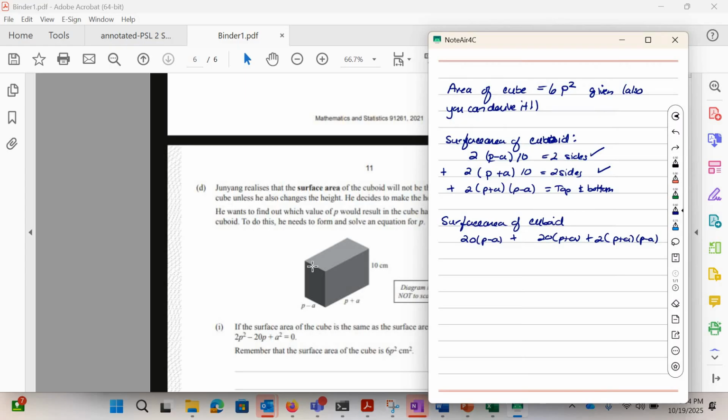All right, and so I'm given that this amount is equal to 6p squared because the area of the cube and the surface area of the cuboid, so I should put surface area, are equal. So I'm going to put here that the 2 things are equal.